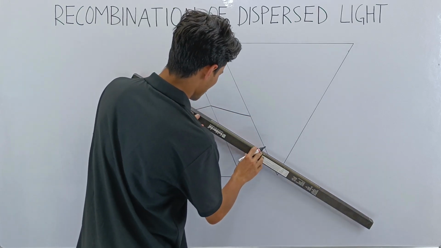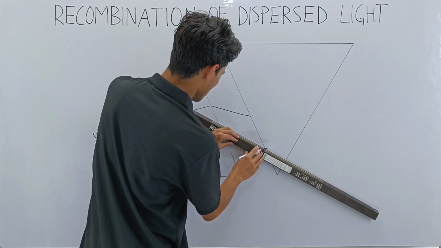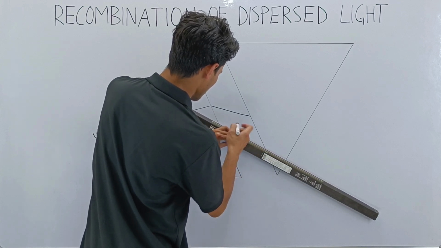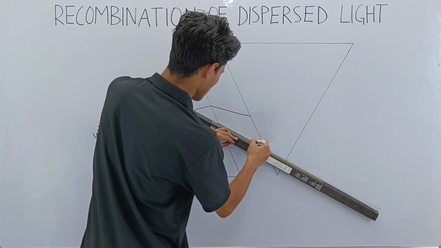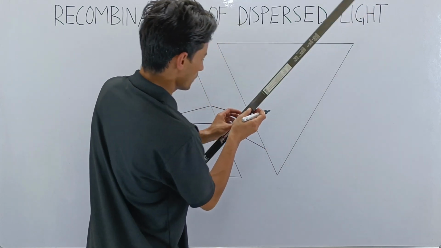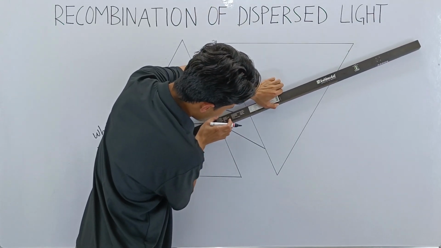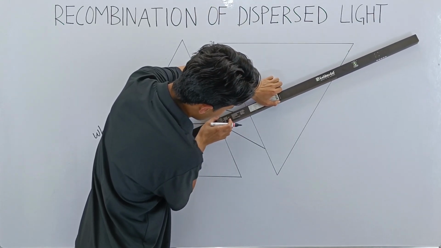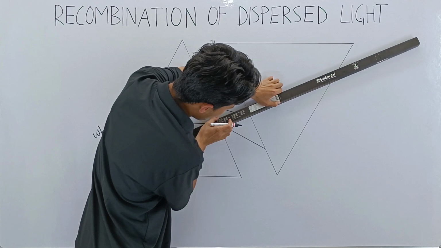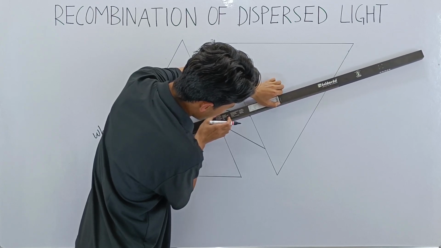Then even this will also bend. And then again they will enter the second prism. So let us make it bend a little bit here again.